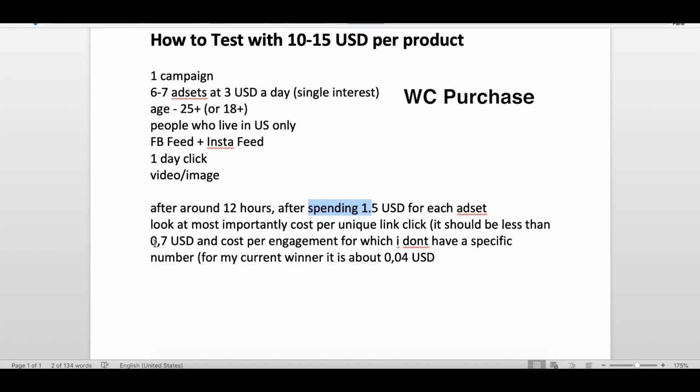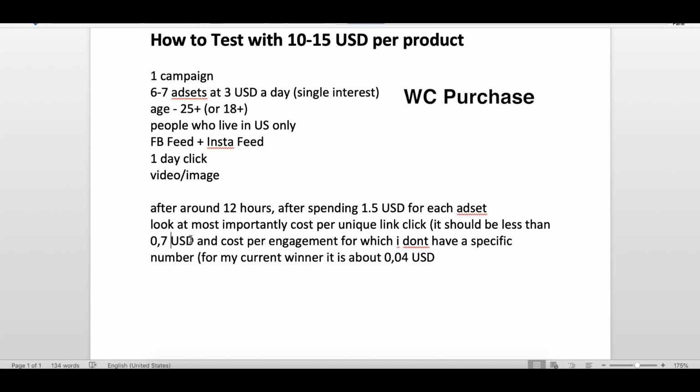But sometimes you will have ad sets with a $1 cost per unique link click, and it performs really well. So there are rules, but rules are meant to be broken sometimes, because sometimes you can have way more expensive link clicks, but it's still profitable.